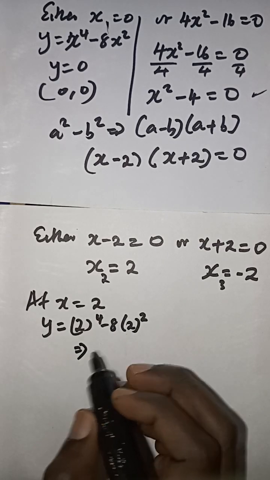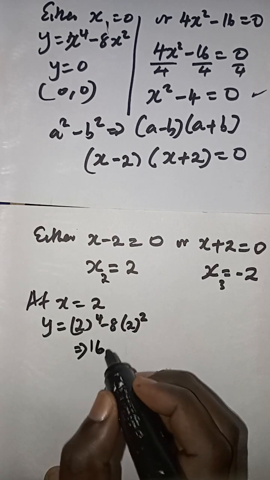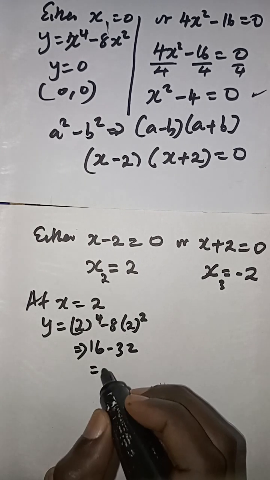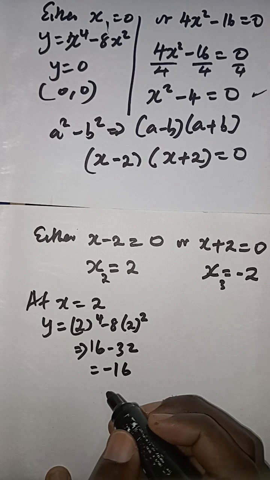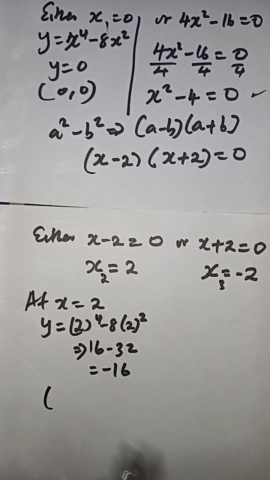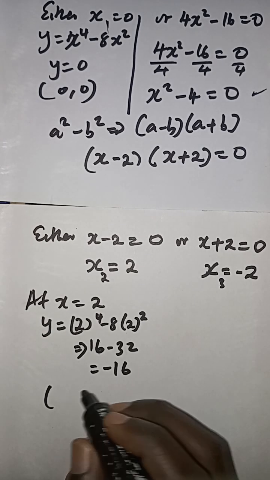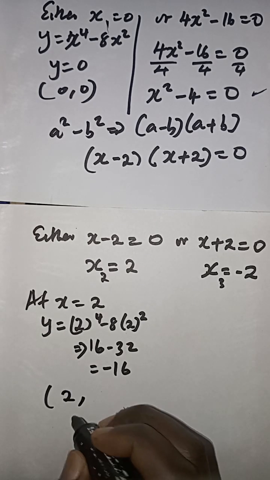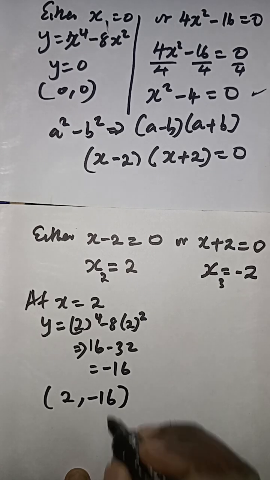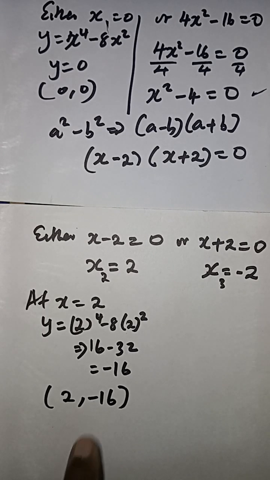Solving this, I'm going to end up with 16 minus 32, which gives me negative 16. So I have another stationary point, or turning point, in terms of its coordinates, that is (2, negative 16).